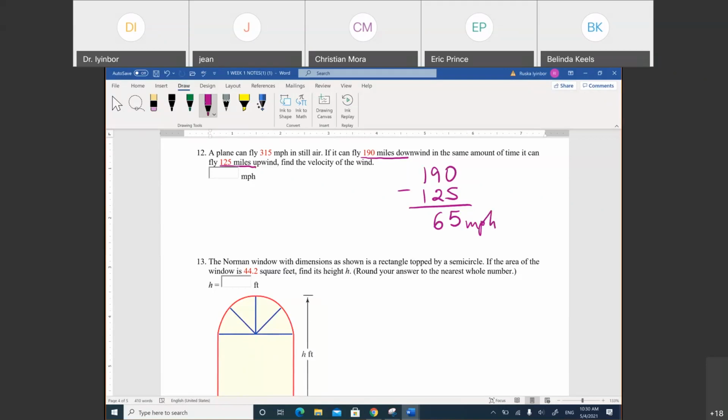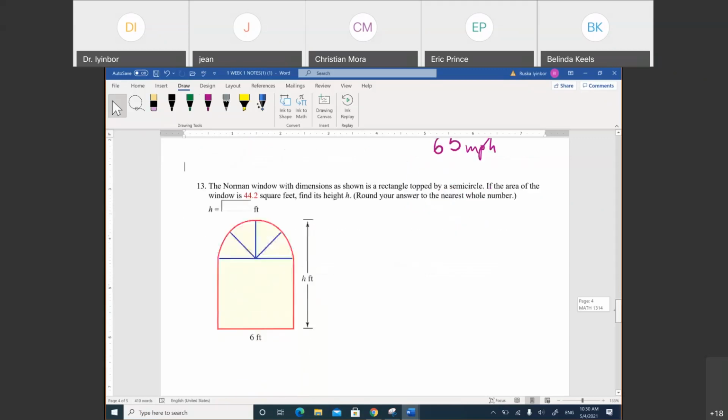Everybody understand that? That's a shortcut. If you want to know the long way, you can watch the video. Okay? Everybody good with the shortcut? I like it so far. Okay.